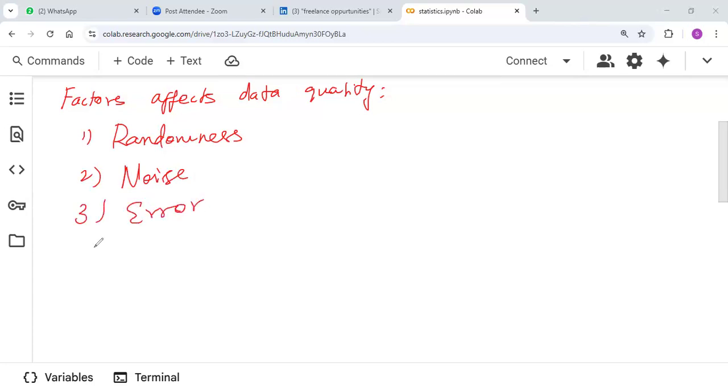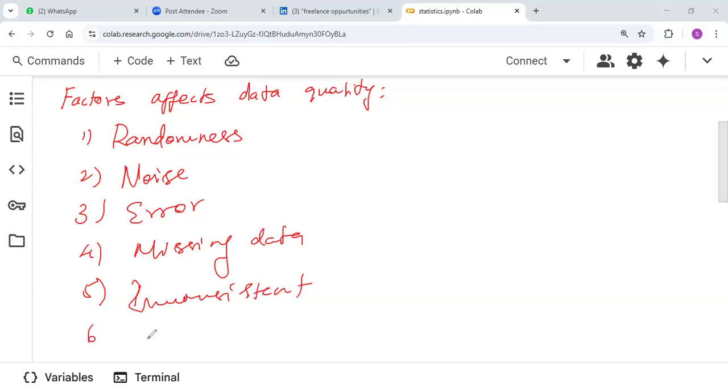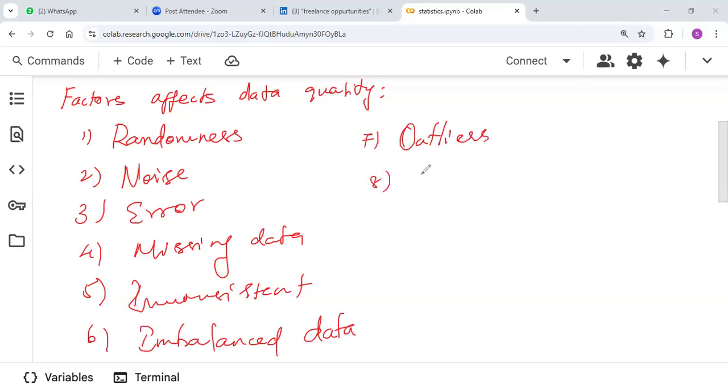Error, missing data, inconsistent data, and imbalanced data, because your data is going to consist of all these types of incorrectness, outliers, redundancy, right?